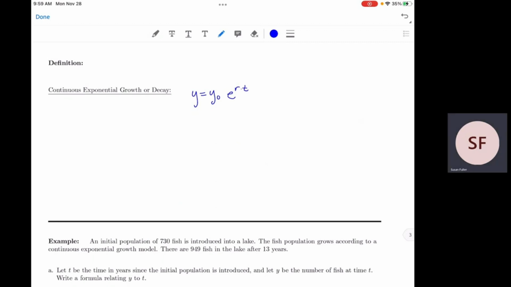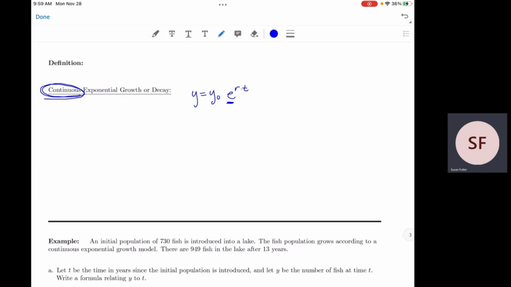And you know that you'll be using this formula if it says continuous growth or decay. This word continuous means that the base of your exponential is e. That's what sets this one apart.